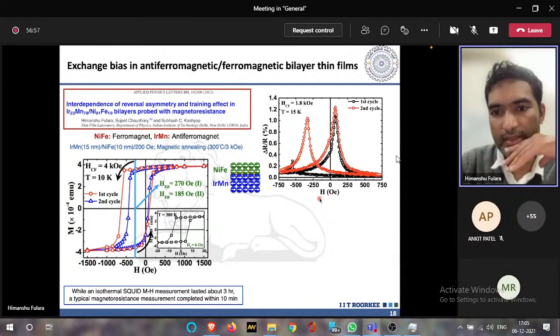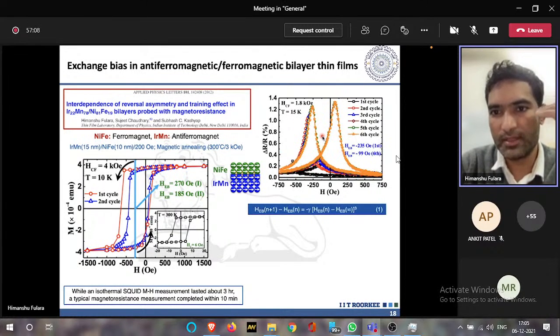And then I record the consecutive magnetoresistive response. This asymmetry gets reduced. And then you measure the consecutive magnetoresistive response, then this asymmetry gets removed because of this cycling of the measurements, and this happens because of the unstable spin configuration at the interface.